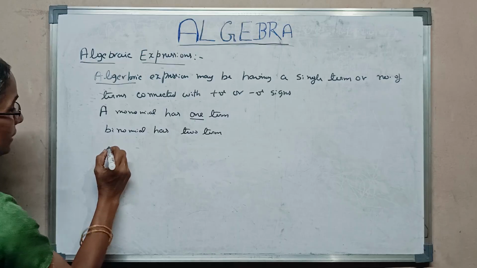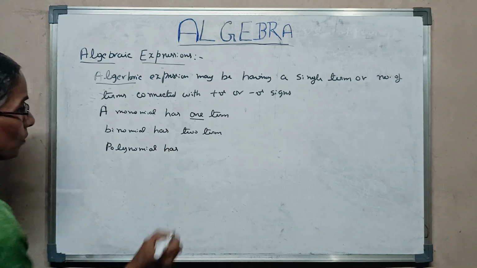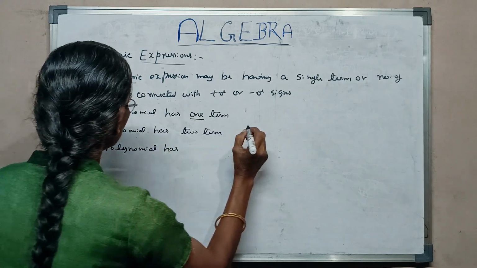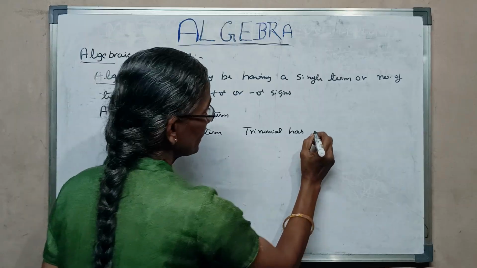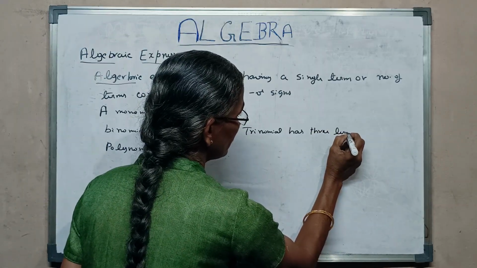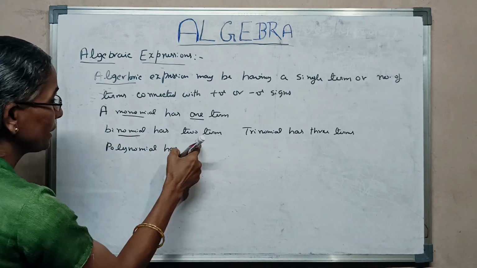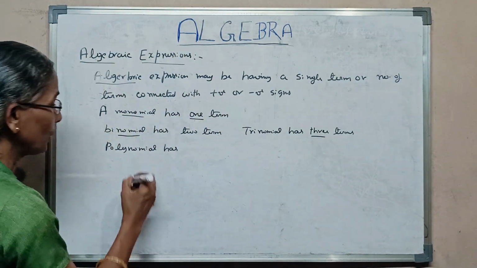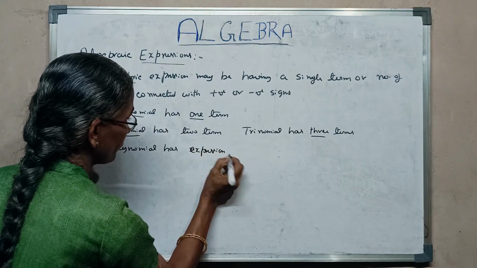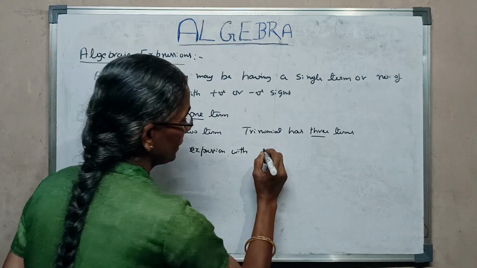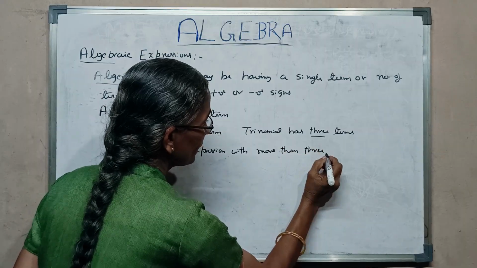A trinomial has three terms. And a polynomial is an expression with more than three terms.